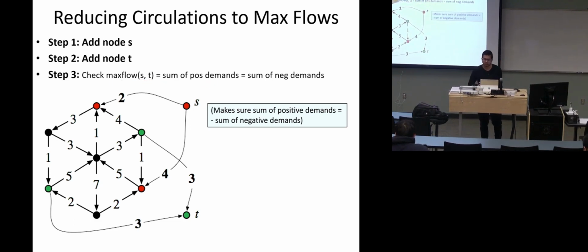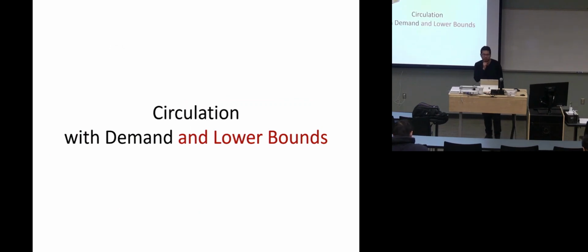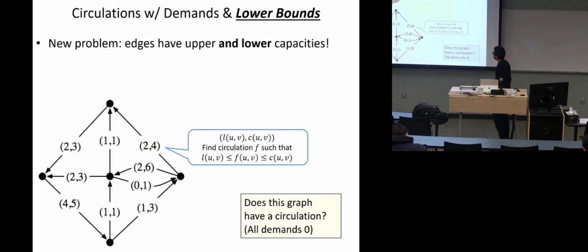Okay, that's from last time. Now let's do something even more. What if the circulation has more constraints, that is, a lower bound? The setting is this: each edge now has a tuple, L of the edge and C of the edge. L means the lower bound, and C means capacity.